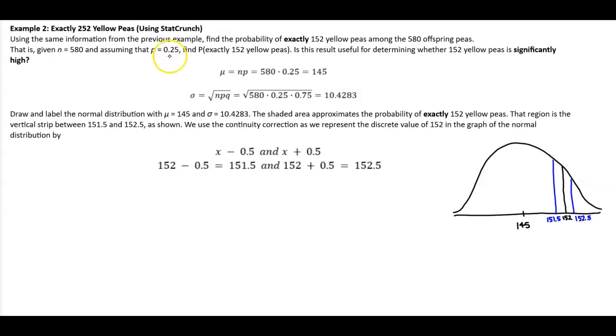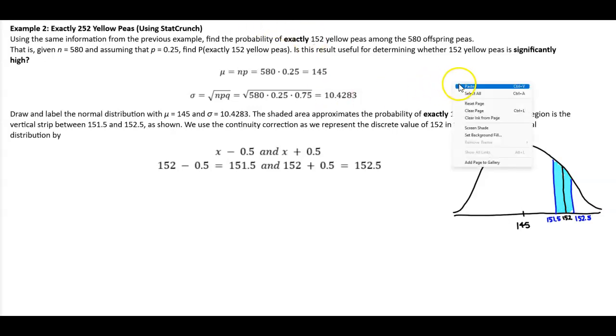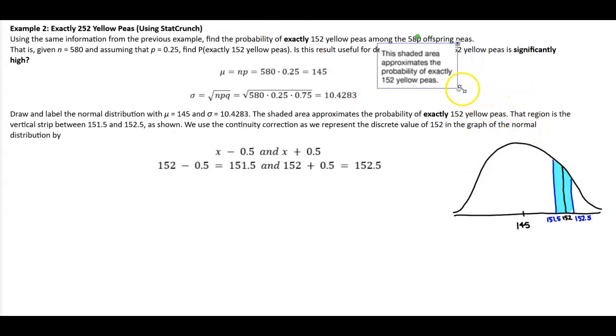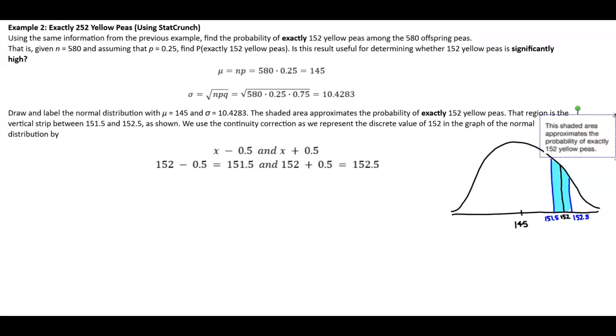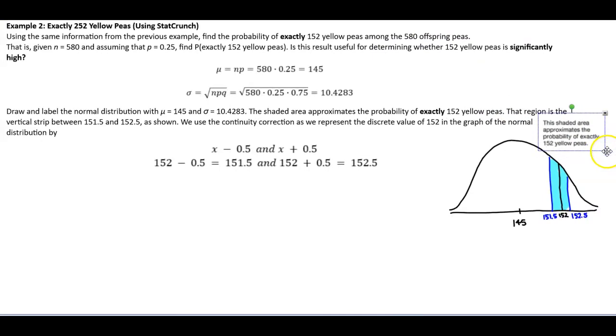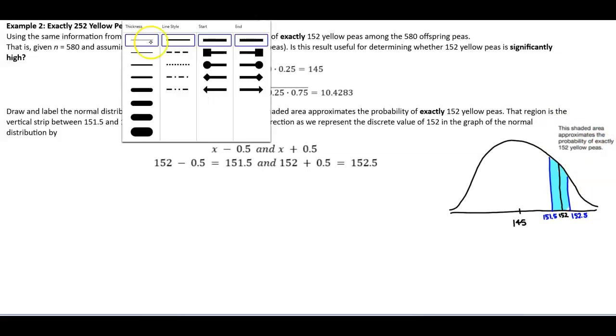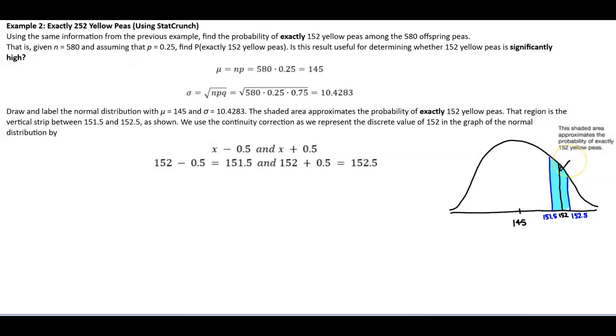What we're interested in is the region in between, because 152 is now right in the middle. The shaded area approximates the probability of exactly 152 yellow peas. So that shaded area represents what we're looking for.